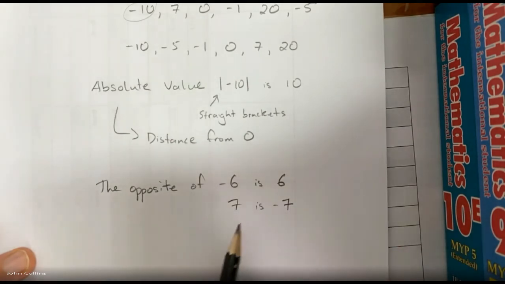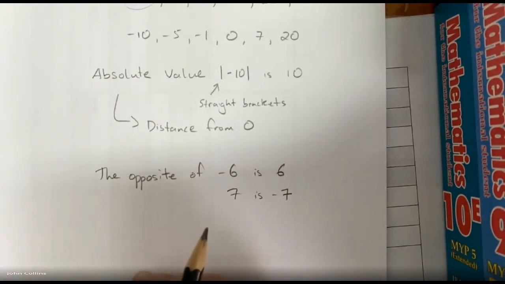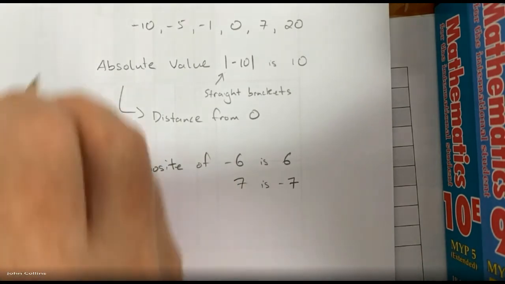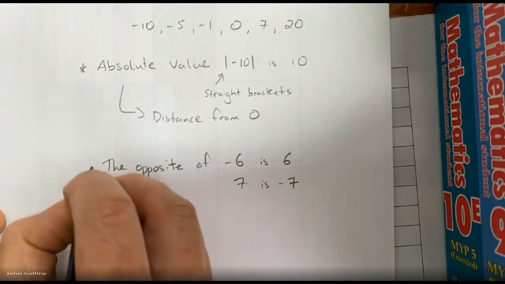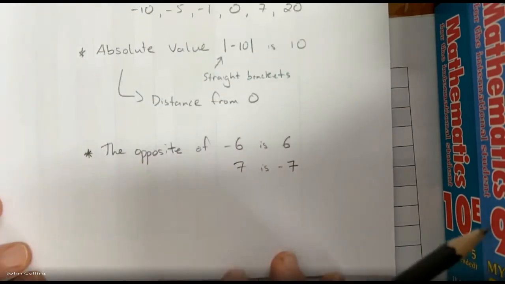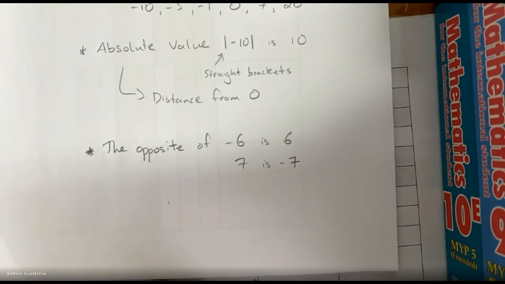So there are two examples of opposite. That probably makes logical sense. Okay, so these two things, the absolute value and the opposite, albeit quite obvious, do have them in your notes because they may come up in some of the classwork.